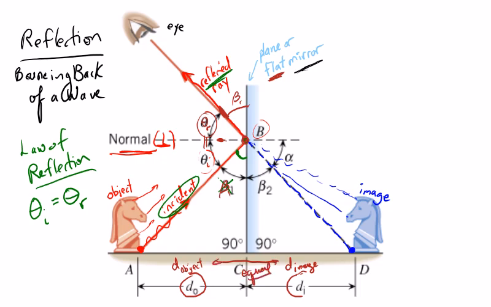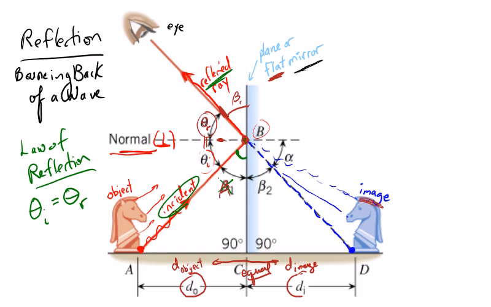In other words, your image is actually an equal distance behind the mirror, not actually on the mirror, but behind the mirror as your object is in front. So if you're looking at something and you think it's 5 feet away, but you're looking in a mirror, it will actually appear as if it's 10 feet away. So that's one way that actually looking in a mirror can actually be helpful, or something you could figure out that that object or that image actually is too far away when we're actually dealing with it.